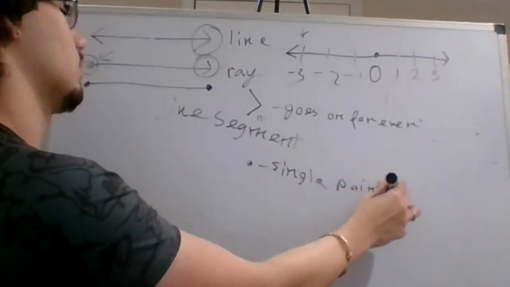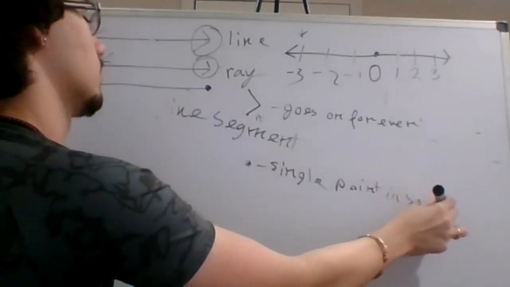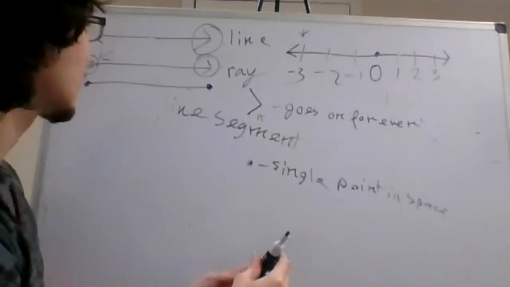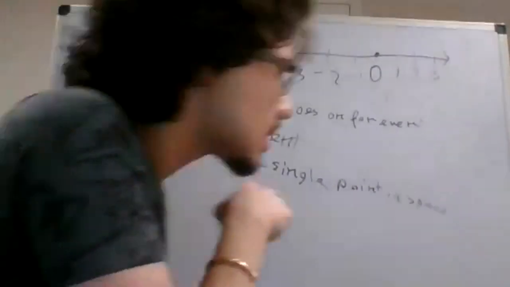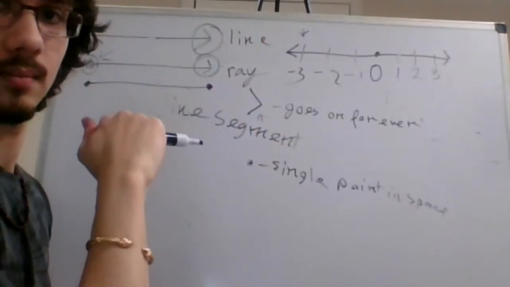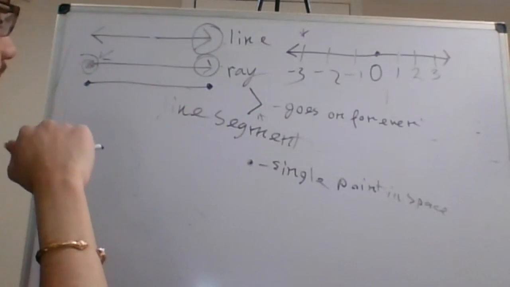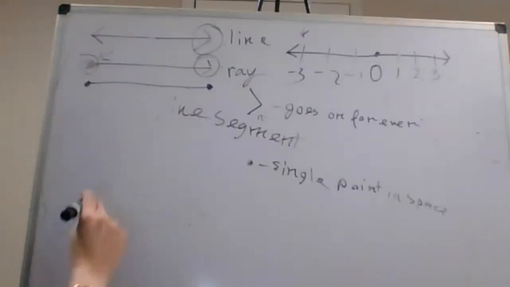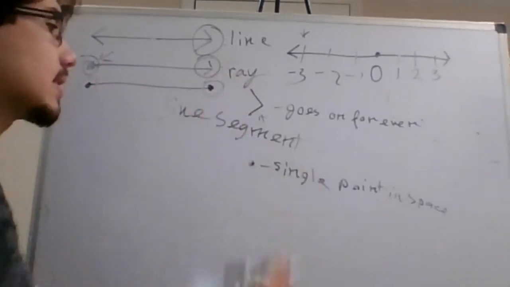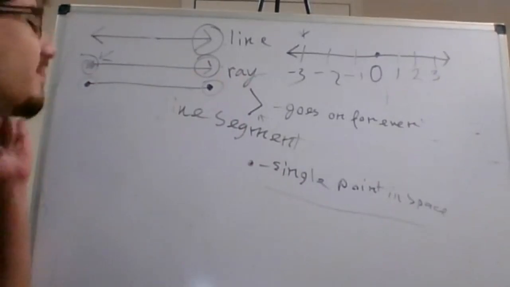Sir, one has a point and the other one has an arrow. Yes. The 2 bottom ones have 2 points and the top one has 1 point and 1 arrow. Very good. So this line segment only has points, single points in space, and it draws a line between them.